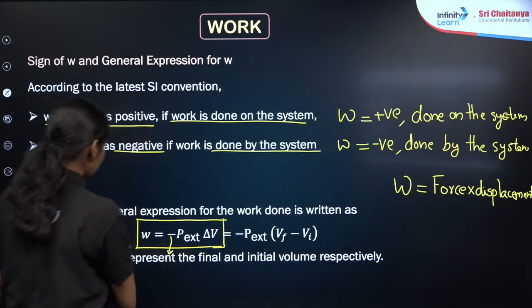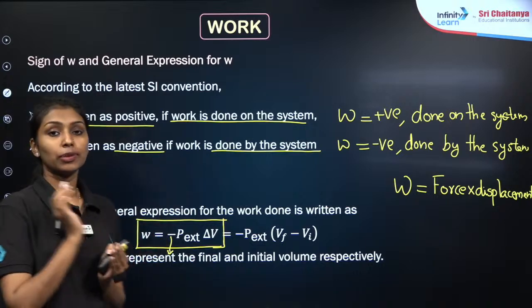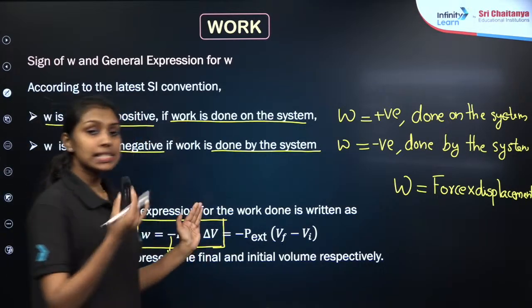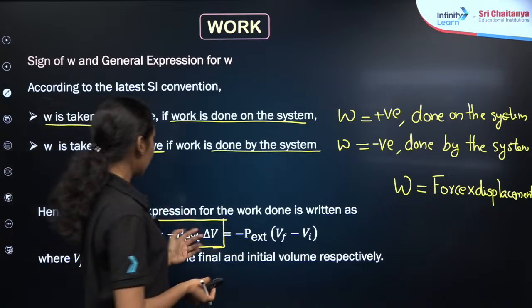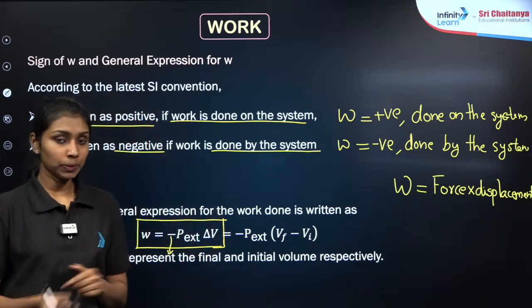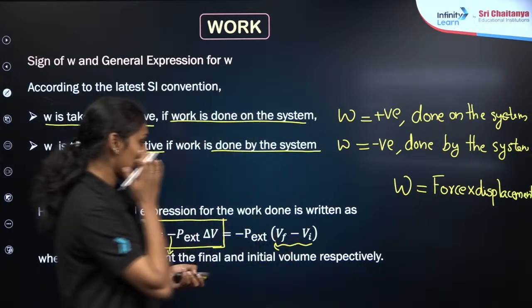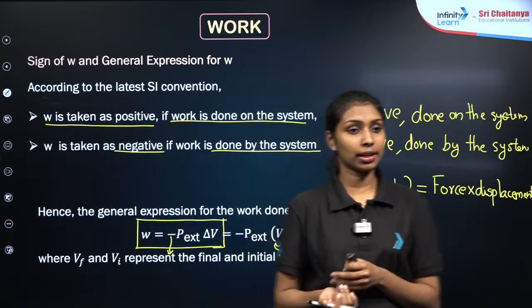Therefore, the general expression for work done is equal to minus P external into delta V, where P external is the pressure given externally and delta V is the change in volume. We can define delta V as Vf minus Vi, where Vf means final volume and Vi means initial volume. Clear?